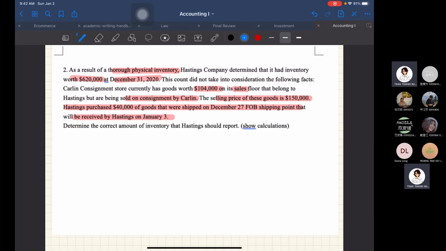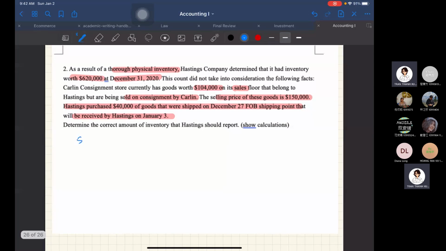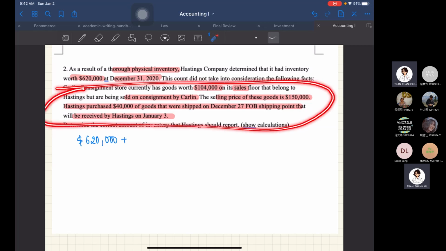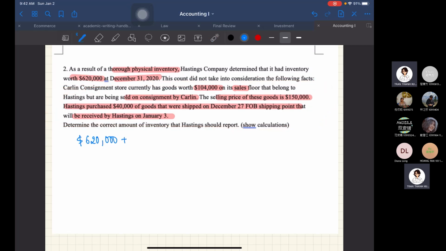So here we have inventory cost 620. I put 620 here first, and then here are some events that we need to consider to add to or subtract from the cost. The consignment store currently had goods worth 104 on its sale floor.